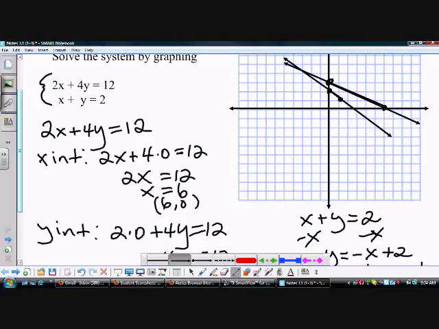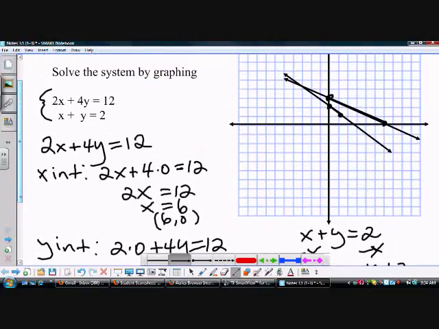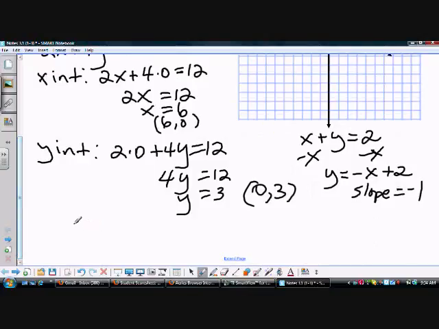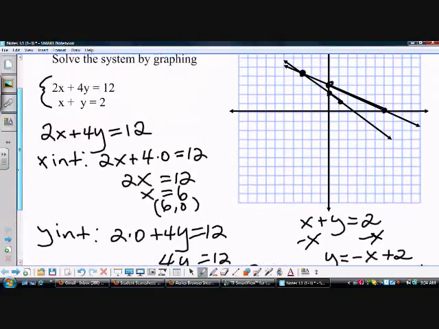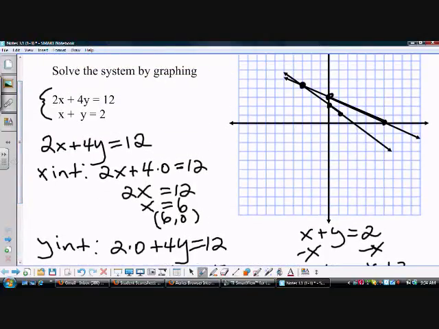Now, to solve this system by graphing, I need to figure out where those two lines are intersecting. Looks like from my graph, right about here, maybe negative 3, 4. Now you may not get a very good answer by graphing unless you've graphed really carefully. So when you graph, you have to go back and check and see if that answer makes sense in the original equations.